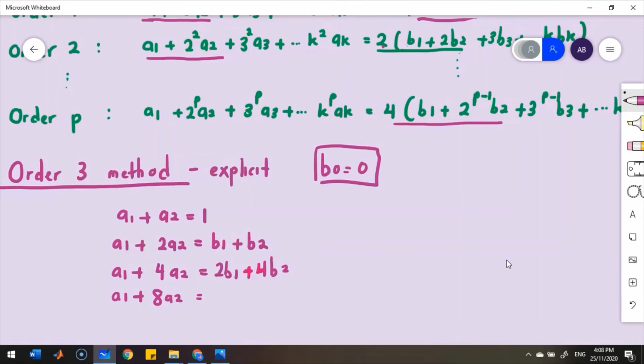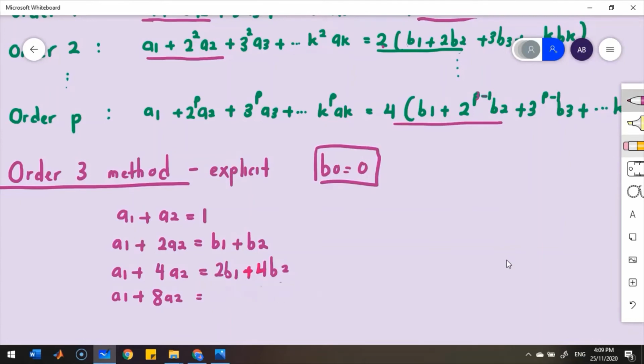So I have 4B1 plus 2 to the power 3 minus 1 is 2, 4 times 4 plus 16B2. So 4B1 plus 2 to the power of 3 is 8. It's not quite correct here.